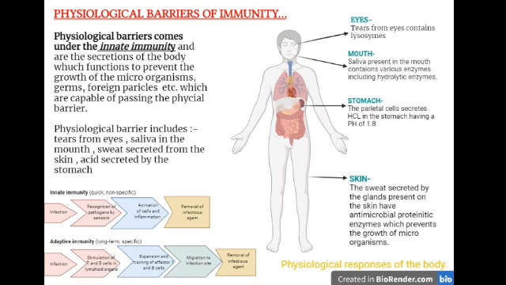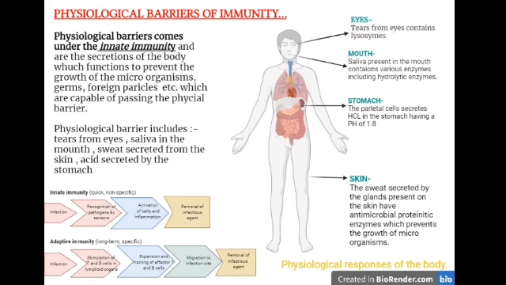Secondly, saliva secreted by the salivary gland present in the mouth contains various enzymes including lysozymes and hydrolytic enzymes. These enzymes help to prevent the growth of any microbial or foreign particle that has entered into the human body by the path of the mouth.